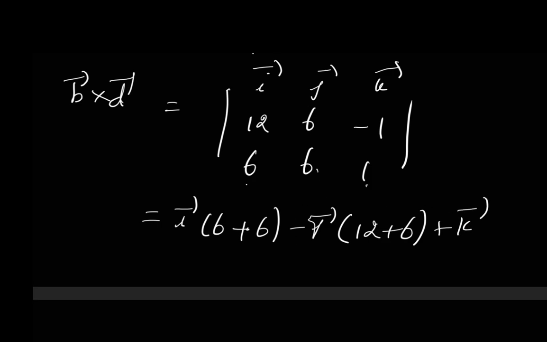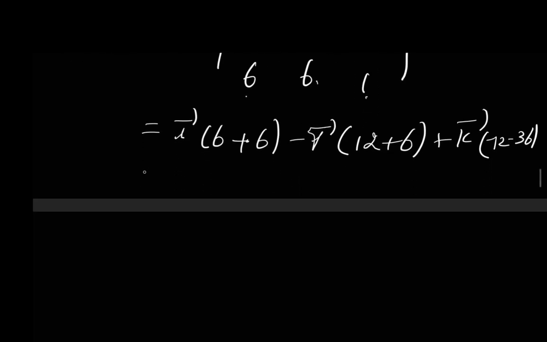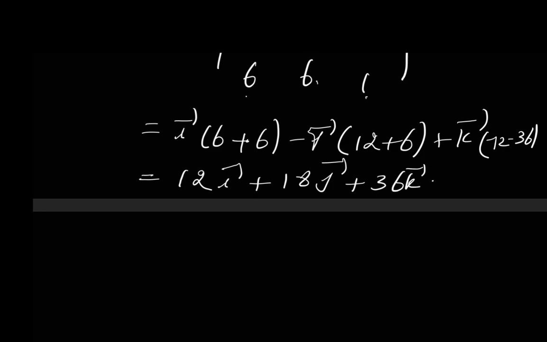For j you will get minus. 12 sixes are 72 minus 36. So here 12i plus 18j plus 36k vector.